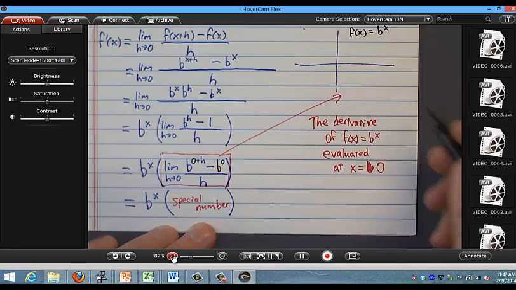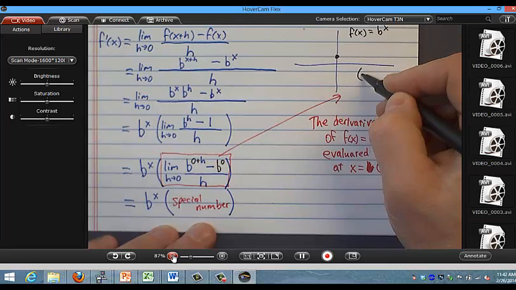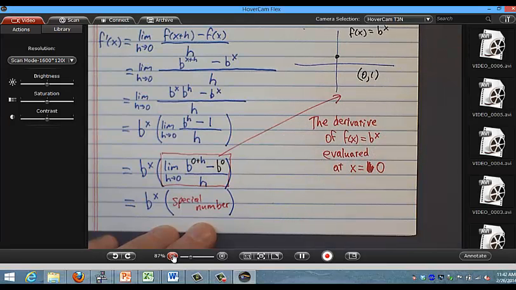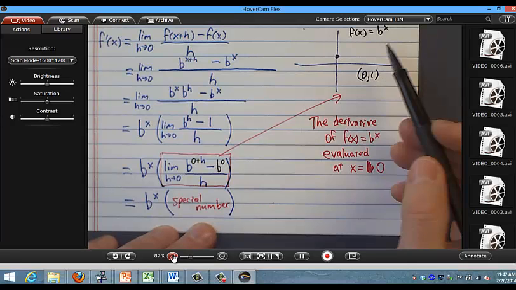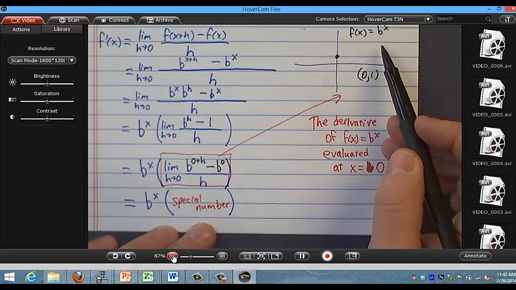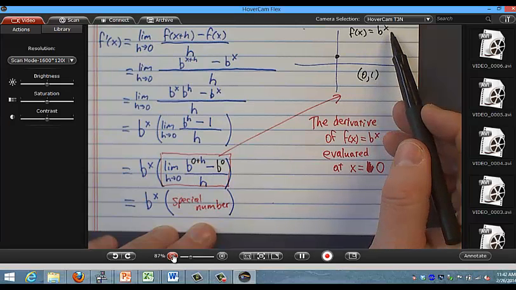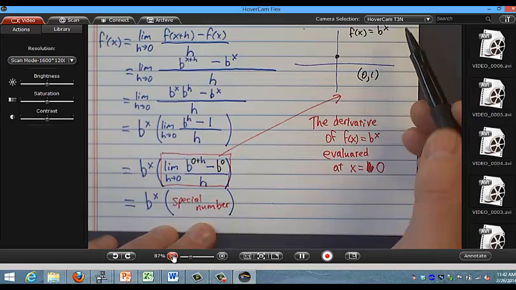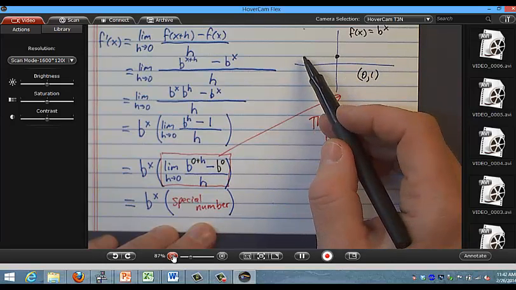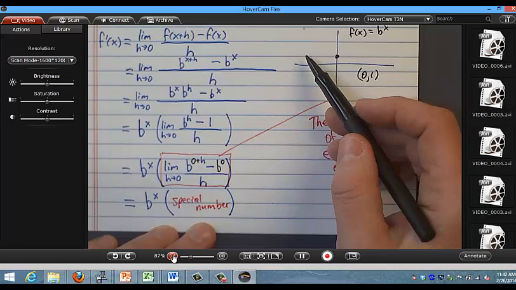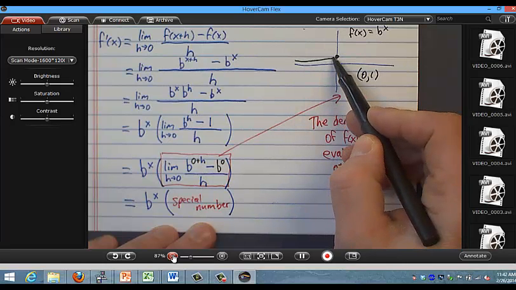I know it goes through 0, 1. Are you with me? Did you say that's for all exponential equations? As long as we can pick any b we want, we see that it's going to. It doesn't matter if it's between 0 and 1 or greater than 1. Anything to the 0 power is 1. So I'm going to draw this one like exponential growth. I know it might be decay because I don't know what b is. But I'm going to draw it like this. You guys with me?